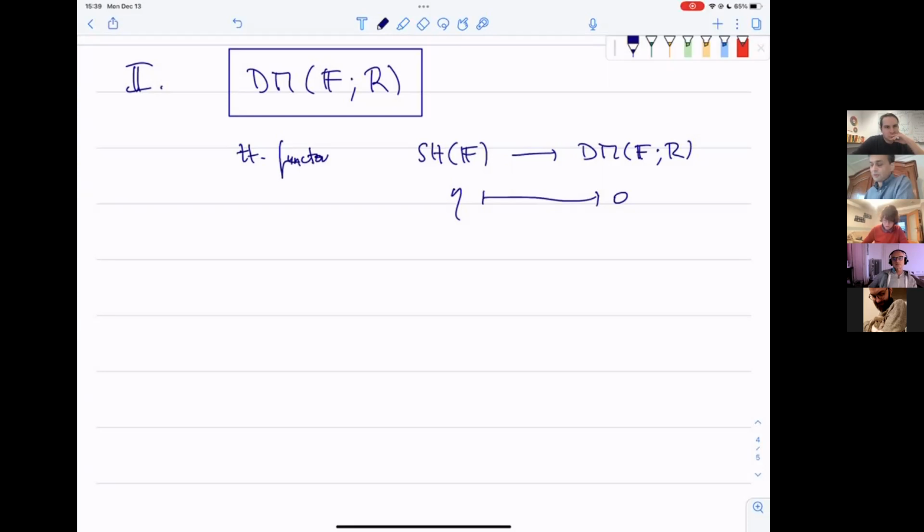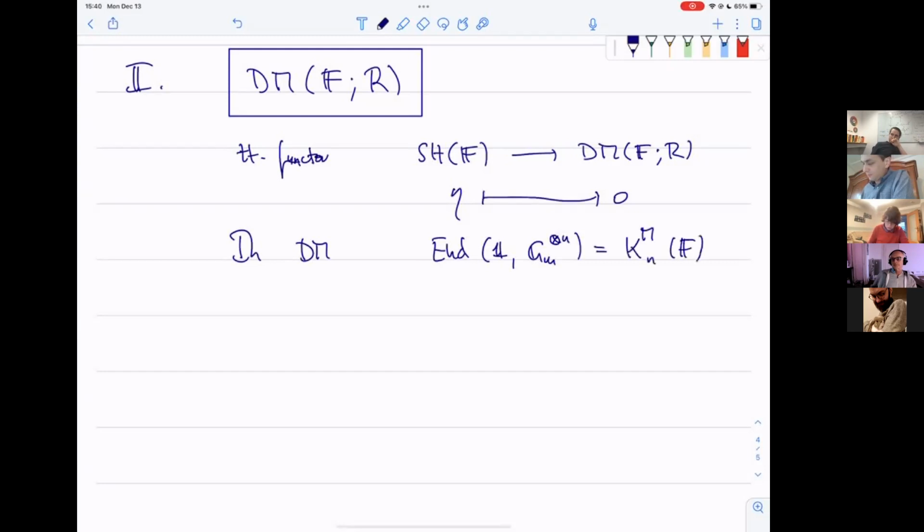The graded endomorphism, in fact, in that case here in DM, the endomorphism from the unit to Gm tensor n, that is just the Milnor K-theory of the field.